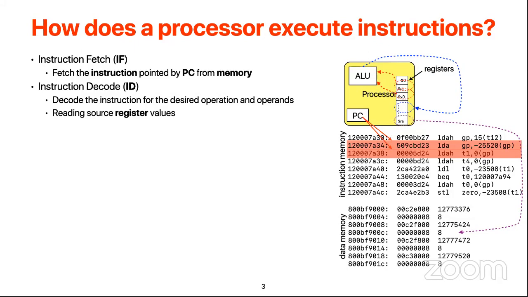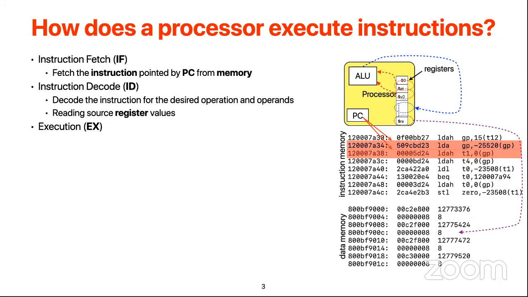Except for load instructions, all the operands should come from register values. So an instruction can leave its instruction decode stage and go to another stage only if the source register values are ready for the instruction to use.